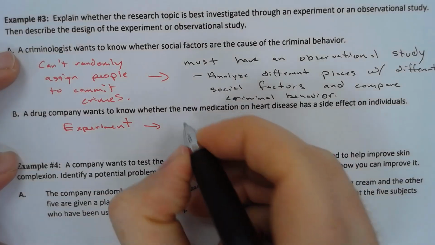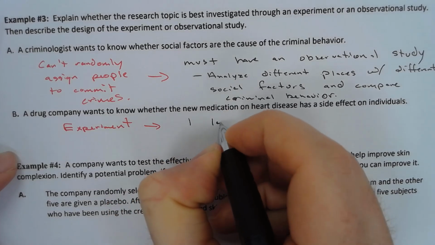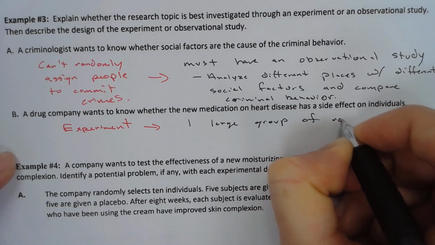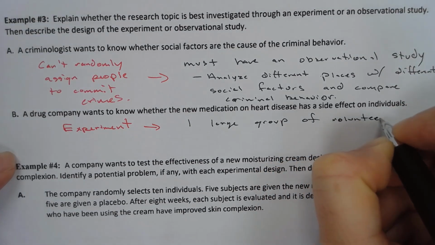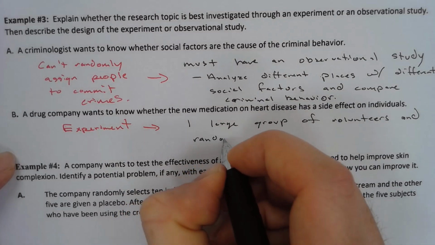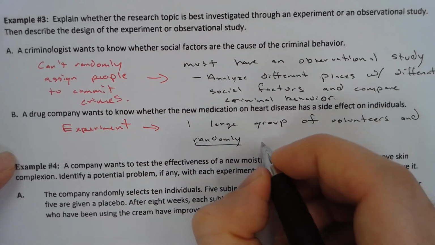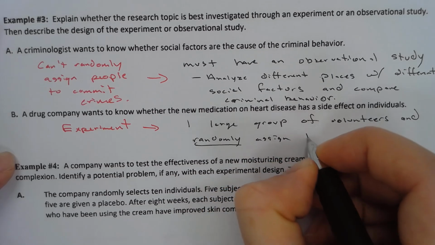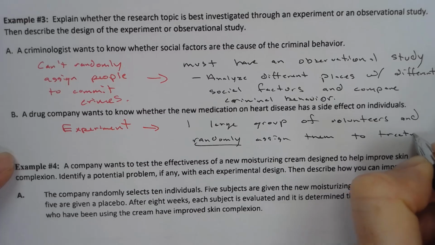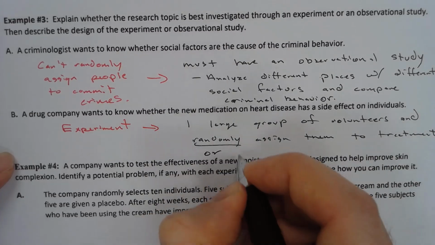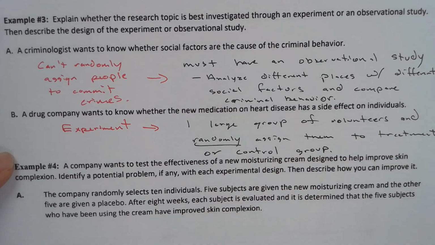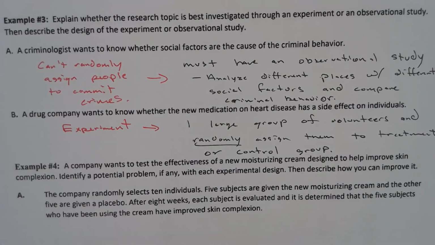We could have one large group of volunteers and randomly assign, keyword randomly, assign them to treatment or control group, where one would get the drug, the other, I assume, would get a placebo.